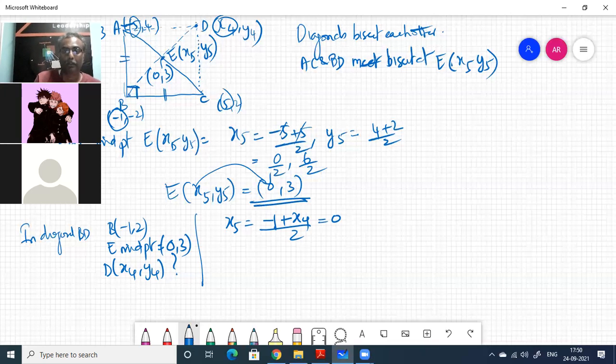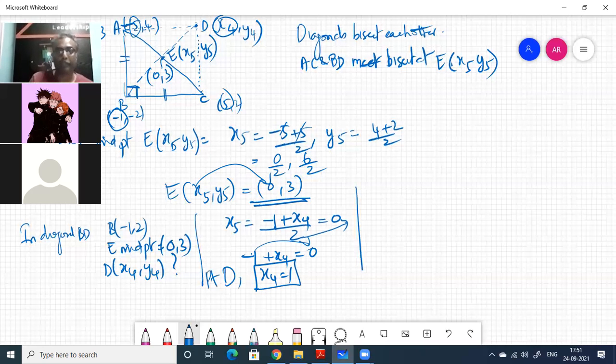Then -1 plus x4, take this to the other side. 2 into 0 is equal to 0. So take this 1 to the other side now. x4 is equal to 1. For point D, x4 is equal to 1. The same way, y5 is equal to 3, which is this y plus this y, -2 plus y4 by 2.